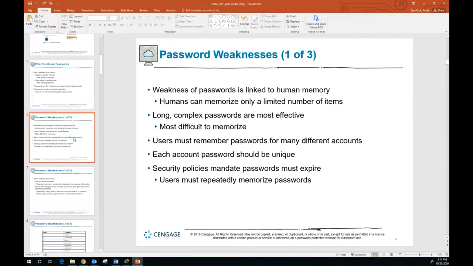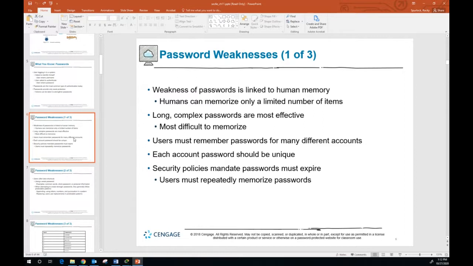We can only memorize a limited number of items. So while long, complex passwords are the most effective way to increase our password security, they also become the most difficult to memorize. Also, it's recommended that users use different passwords for different accounts. So by using a different password for different accounts and having complex passwords, they become more difficult to keep track of.